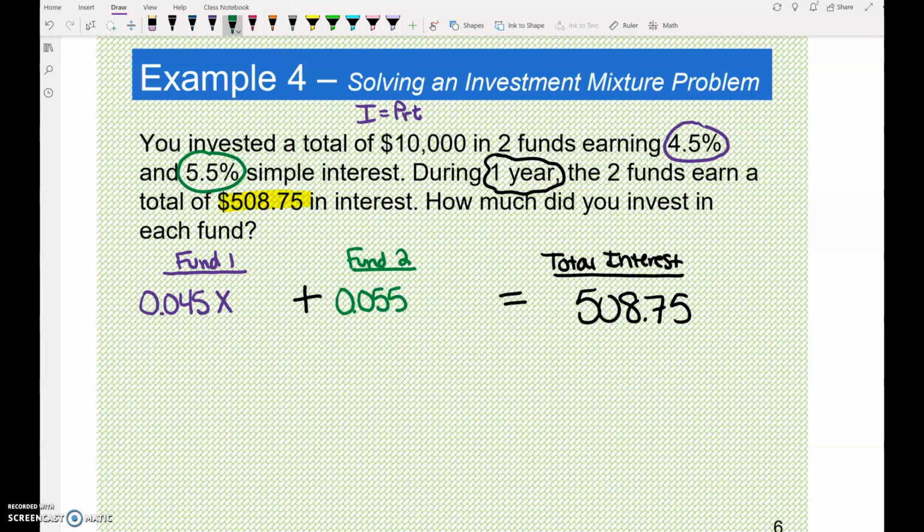That's 5.5% written as a decimal. Now for that amount, it's whatever is left after the amount that we put in Fund 1. So it would be 10,000 minus X, our total amount of money minus however much we put in Fund 1.